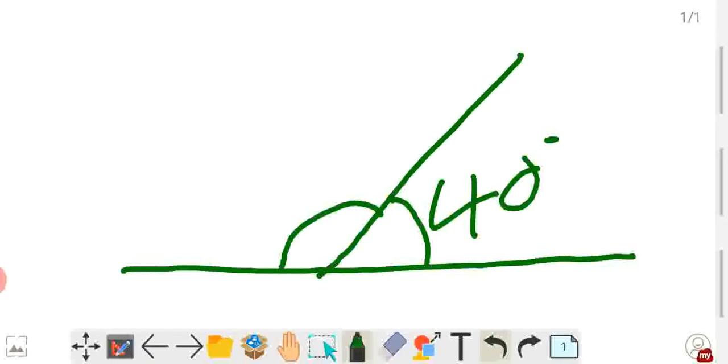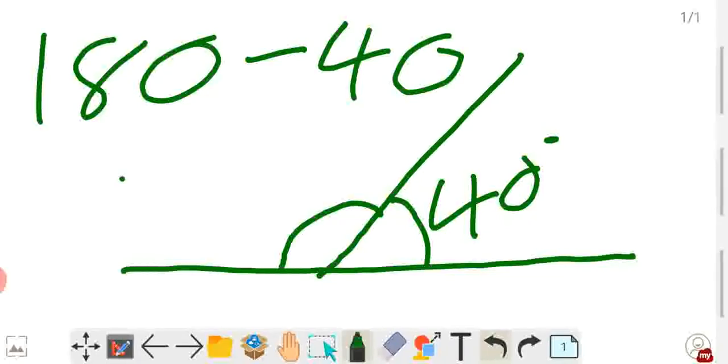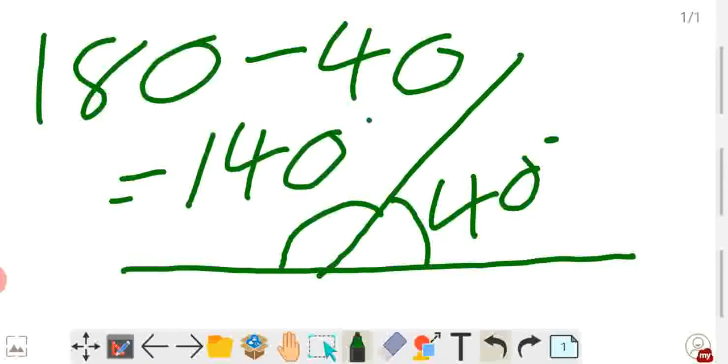We know that the sum of these two angles is 180. Then in order to get the second angle, we have to subtract 40 from 180. Then we get the answer 140 degrees. Like that we can calculate any one of the linear angles if the other angle is given.